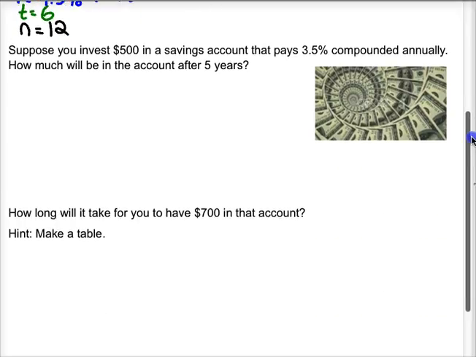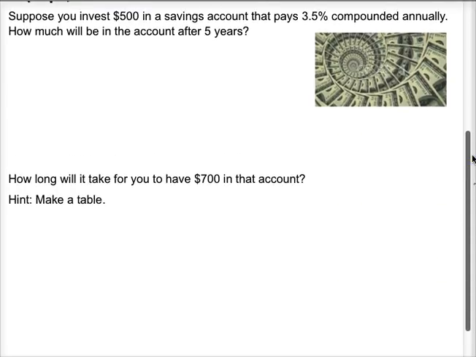All right. Suppose you invest $500 in a savings account that pays 3.5% compounded annually. How much will there be in 5 years? Well, we're starting with $500, a rate of 3.5%. But again, we need to turn that into a decimal.